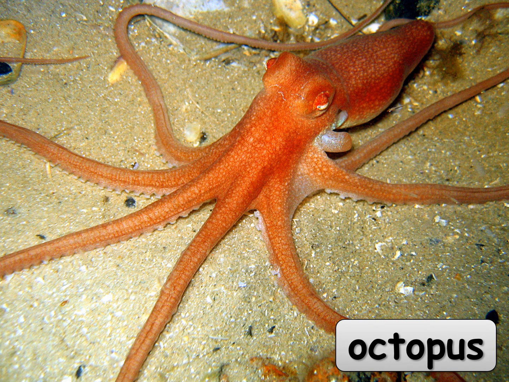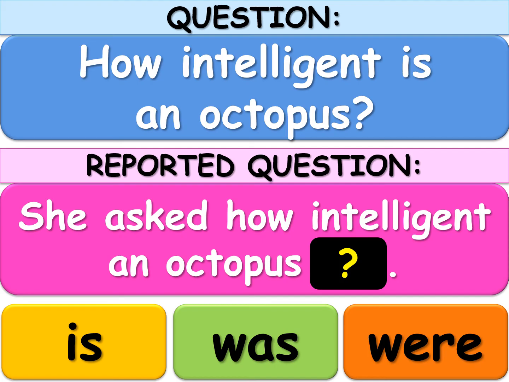Here's one about octopuses. How intelligent is an octopus? She asked how intelligent an octopus is, was, or were. The correct answer is was. Is will turn into was, the past tense. And we're not going to use were because the subject is singular.